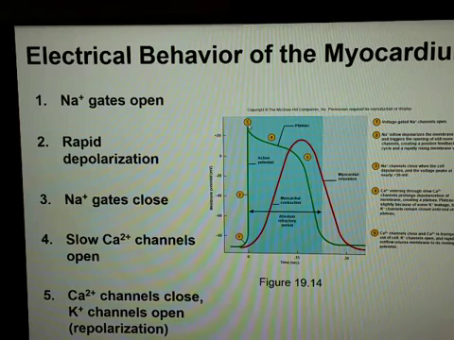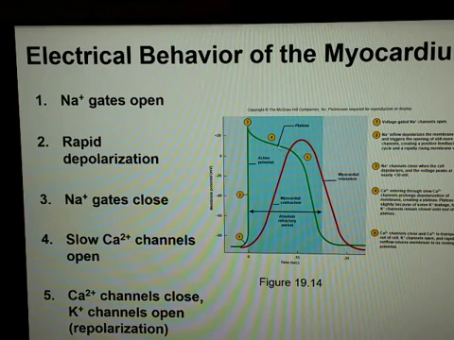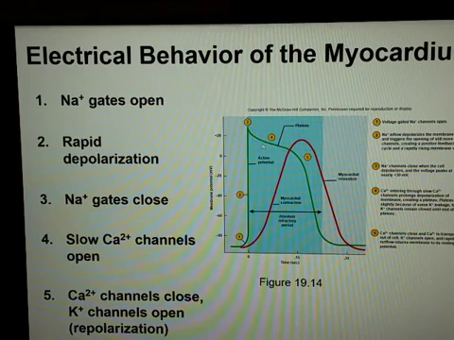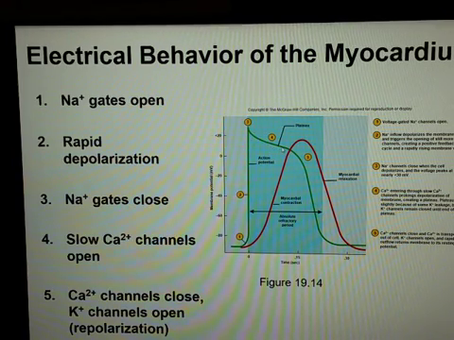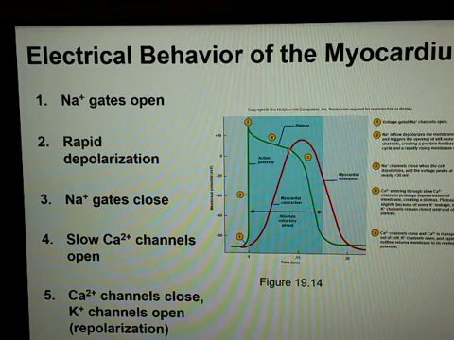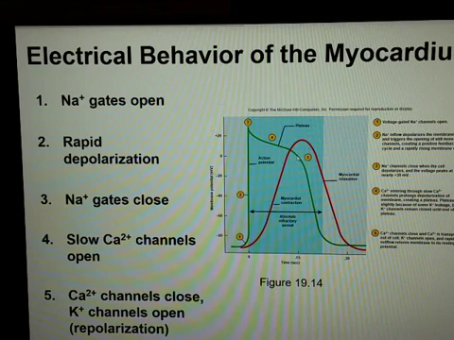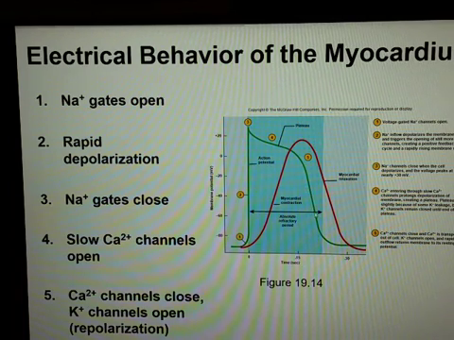The sodium gates close, and this is that plateau that I mentioned, as that allows for the blood to be ejected from the heart. And then as we begin to see those calcium channels open and then calcium channels close, we begin to see repolarization taking place.